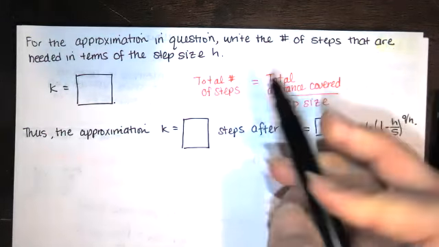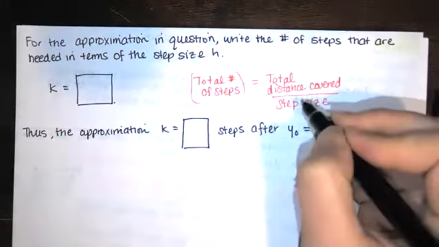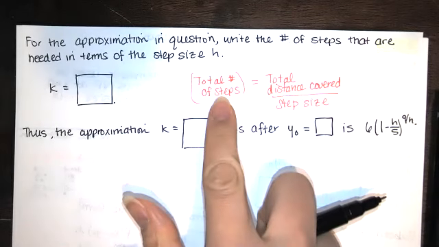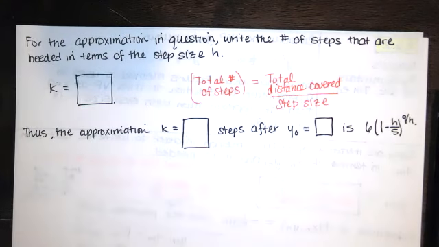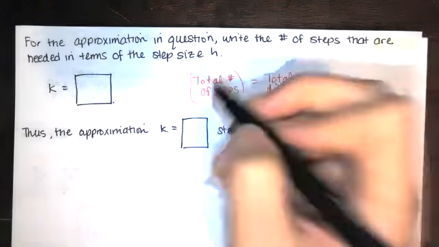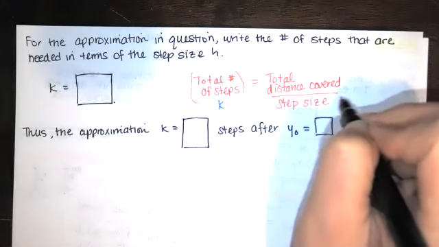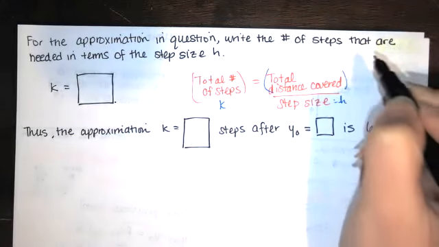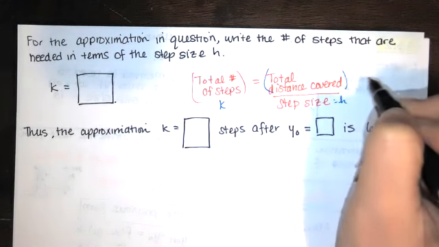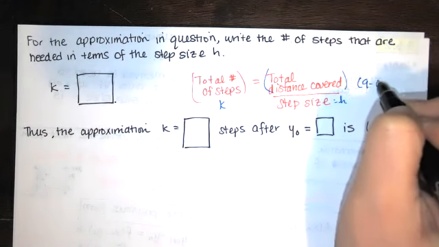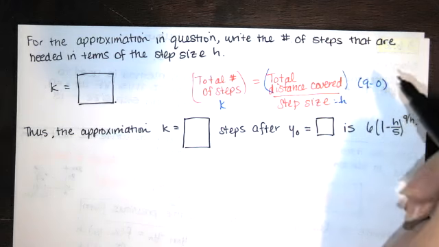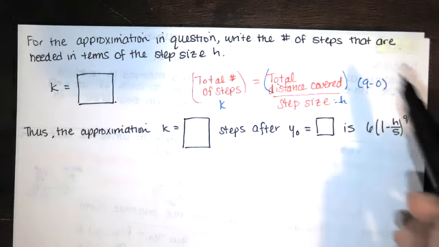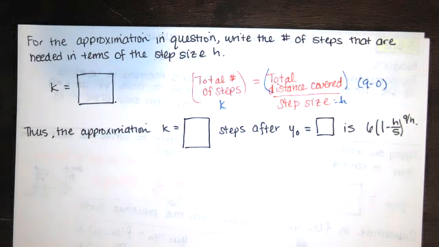Because if I were to take this equation and multiply both sides by the step size, the total number of steps times the step size should give me the total distance covered. Well, the total number of steps is given by k. The step size is what we're calling h. And the total distance covered, well, if we're going from x equals 0 to x equals 9, it's going to be 9 minus 0. In general, if that was x equals a to x equals b, that would be b minus a. So we're going to take 9 and divide by h.